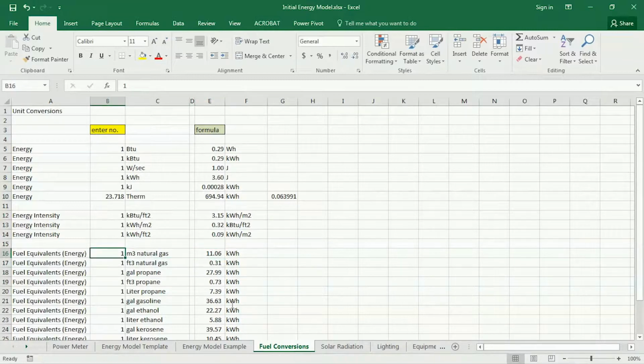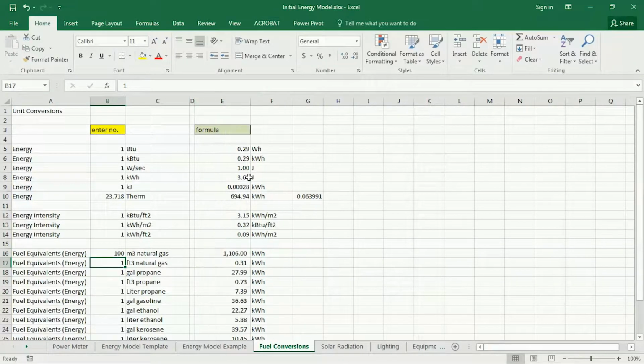So if you type in here 100 cubic meters of natural gas, you can make the column bigger, so 1100 kilowatt hours. So this is kind of an interactive conversion template, basically. And it says here that 1 therm is equal to 29.3 kilowatt hours.